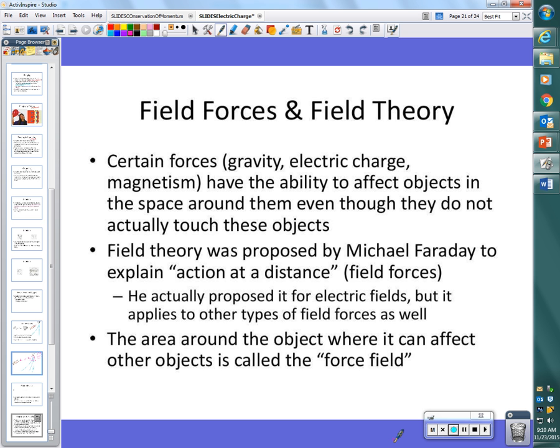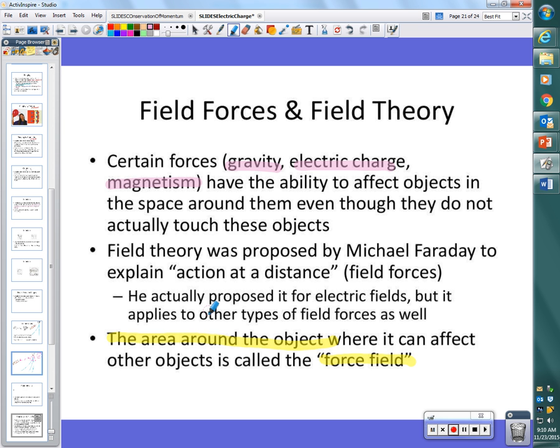A field is an area around an object where it can affect other objects. We refer to that as the force field. And we said that it works for any kind of force that can make things move without contact, those being gravity, electric charges, and magnetism.